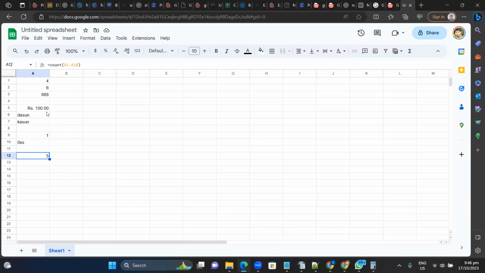You can see it is automatically right aligned. And this currency symbol I have entered by formatting the cell. This 3.2 into 10 to the power 3 is a scientific number that will also be counted. So count will count the numbers.